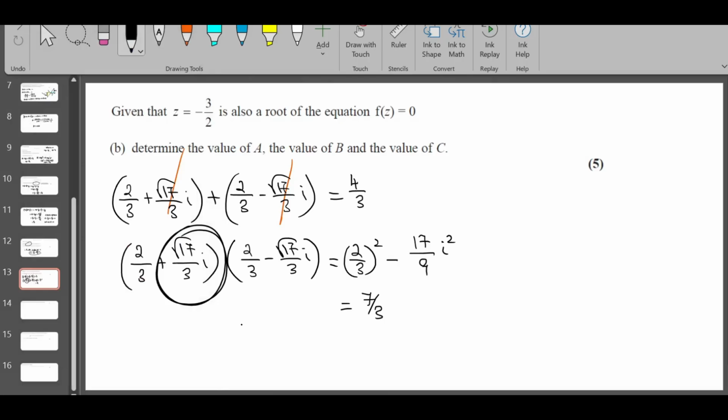So using these two roots, we can write the quadratic equation as z square minus sum of the roots times z plus the product of the roots. Right?